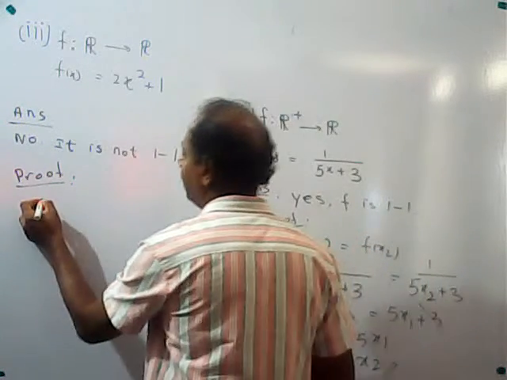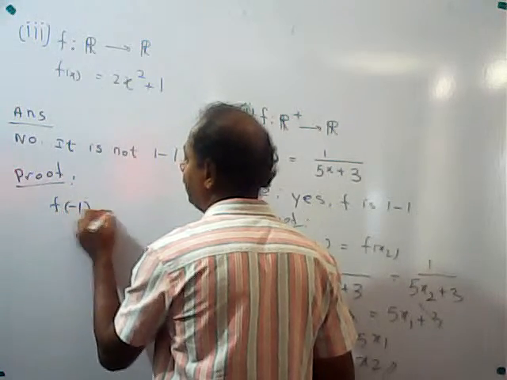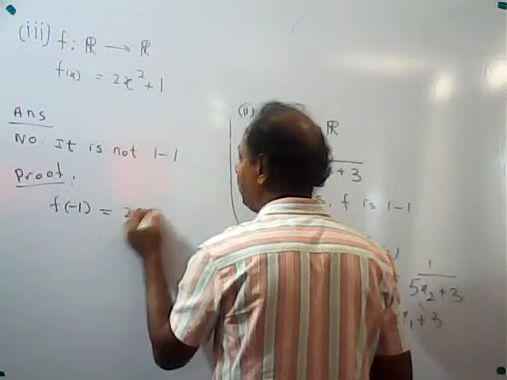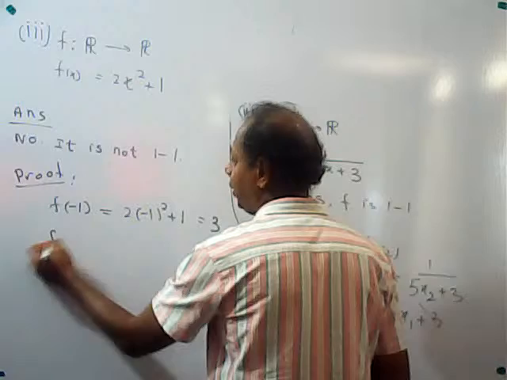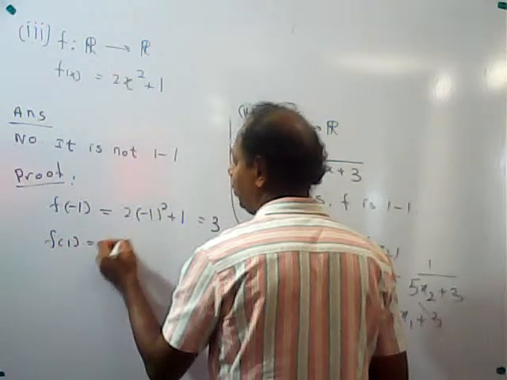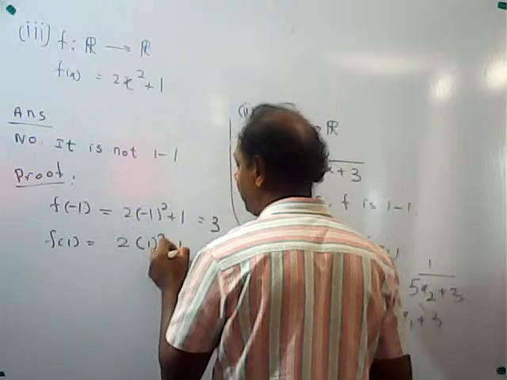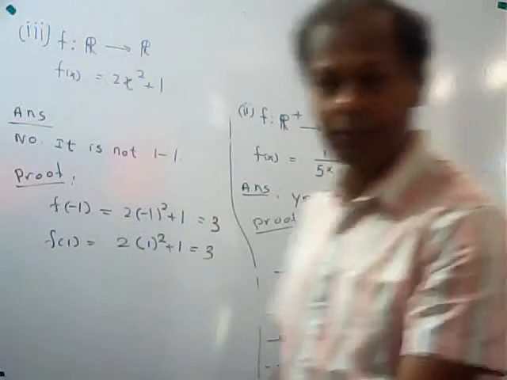f of minus 1 is equal to, you find f of minus 1, then 2 into minus 1 squared plus 1, so it is equal to 3. Then find f of 1, 2 into plus 1 squared plus 1, that is also equal to 3. So you get the same value.